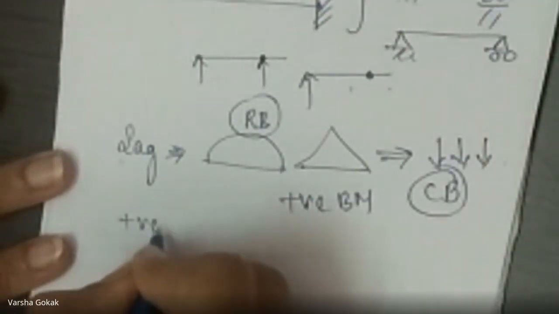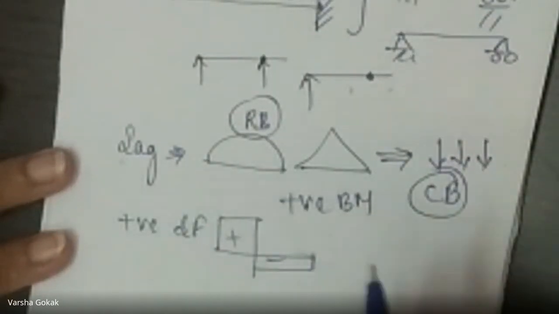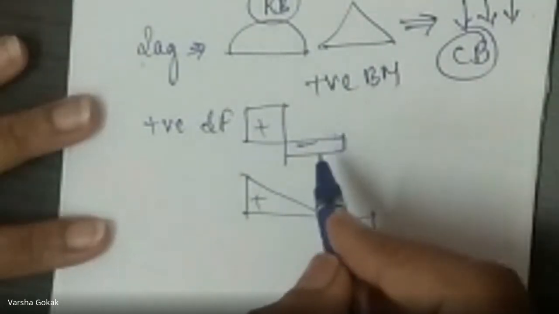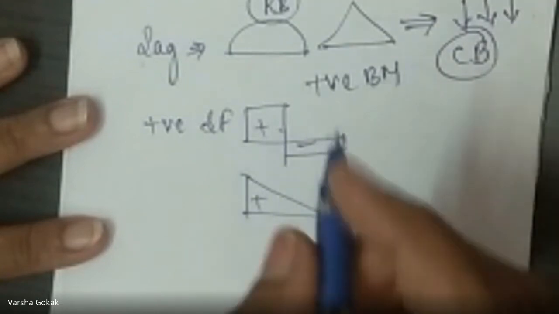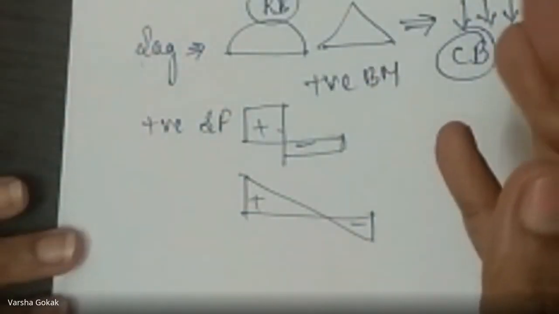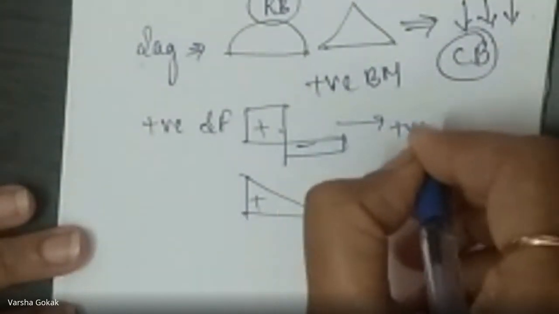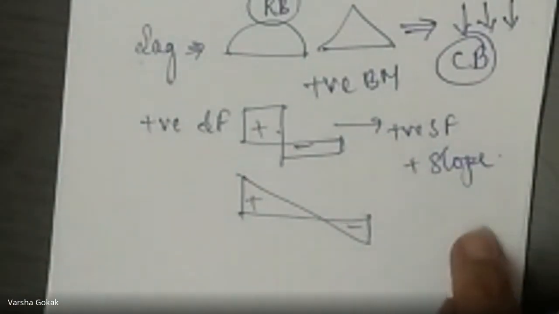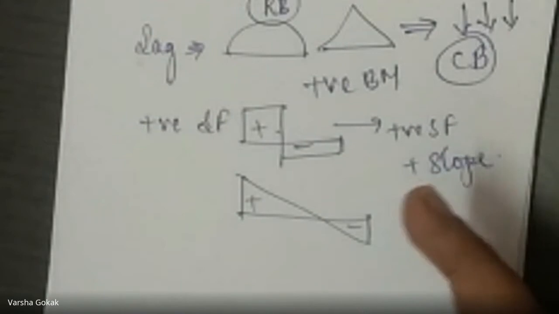Then a positive shear force: in our shear force diagrams, this is positive, this is negative, or for a UDL throughout you will have positive and negative. A positive shear force in the conjugate beam corresponds to a positive slope. If I have a positive shear force, it gives me a positive slope. This is the methodology or steps that have to be followed for the conjugate beam.